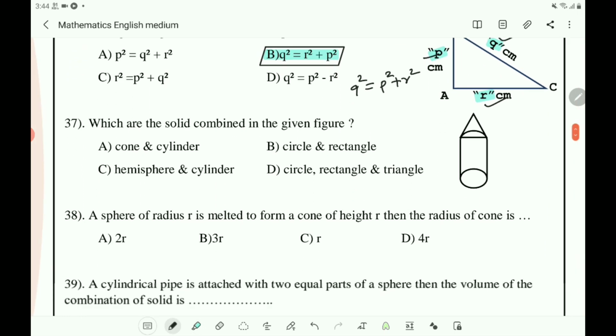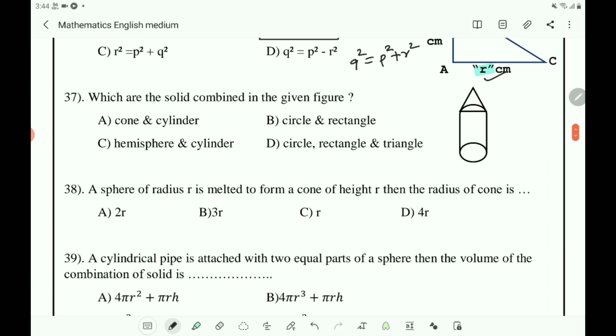Next you take question number 37. Which solids are combined in the given figure? Here you observe the lower portion is a cylinder and the upper portion is a cone, and a hemisphere is also there.